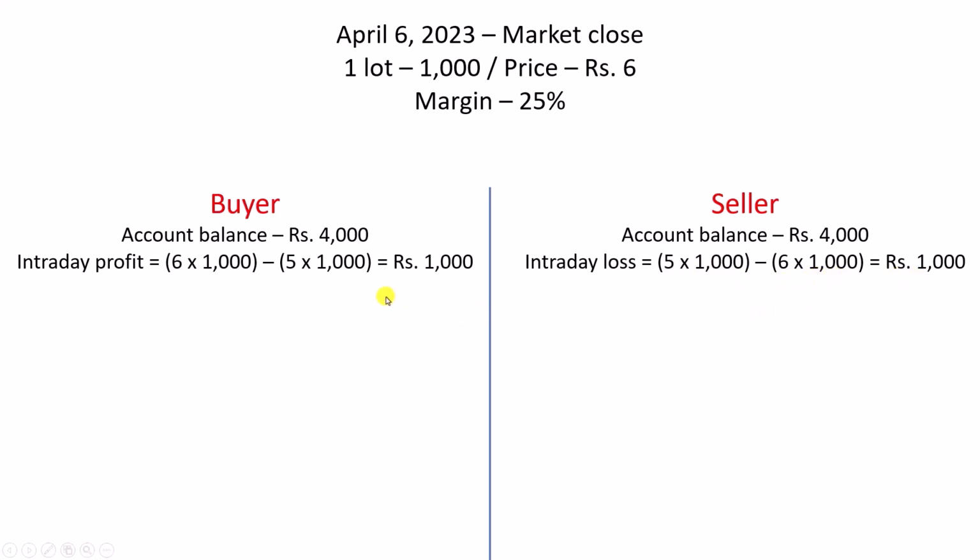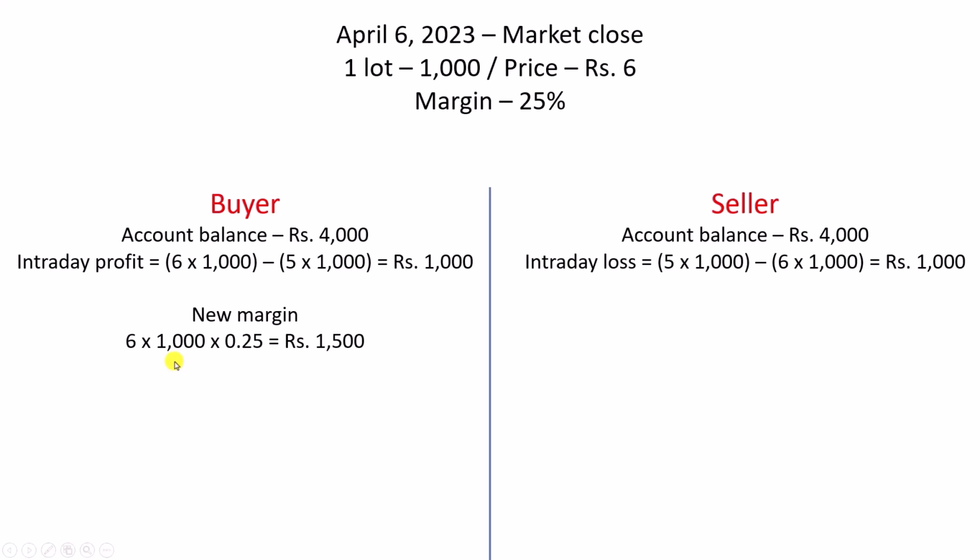Now, the new margin required is this much. So try to understand this concept. How is this? See, 6 rupees is the closing price into lot, 6,000 rupees. 6,000 rupees is required to buy 1000 stocks of Tata Motors.